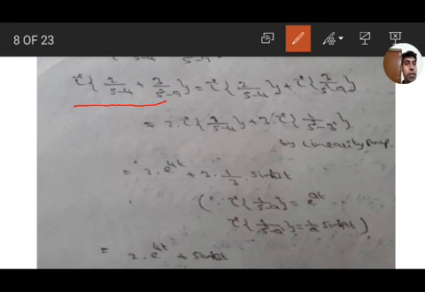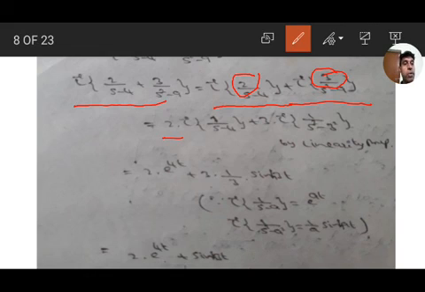By linearity property, coefficients are outside, and we write the inverse Laplace transform of each function. So L inverse of 2 by s minus 4 plus L inverse of 3 by s square minus 9. Here 2 is the coefficient outside, 3 is the coefficient outside. So 2 into L inverse of 1 by s minus 4 plus 3 into L inverse of 1 by s square minus 3 square. Here also 3 is outside, by linearity property.